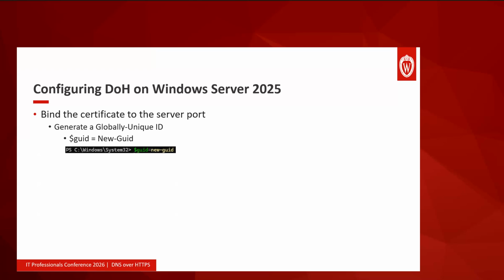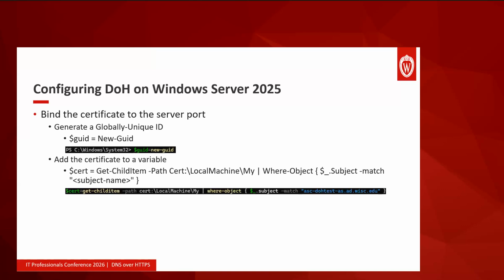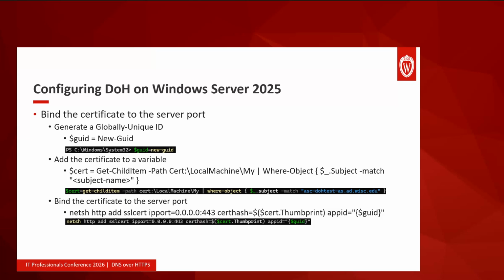Then what you're going to do is bind the certificate to the server port. So what we have to do is a little bit of PowerShell CLI work, and then basically just create a new globally unique identifier. And then what we're going to do is assign that certificate to a variable, and then bind it to port 443 using that certificate, and then with that GUID attached to it.